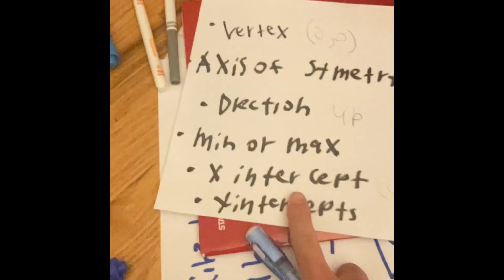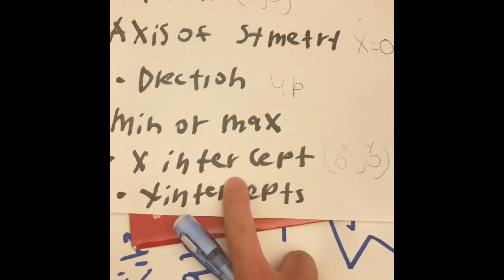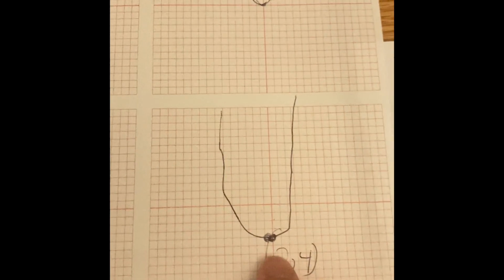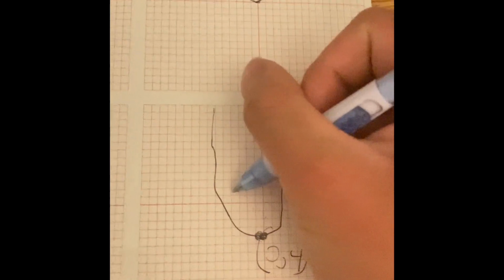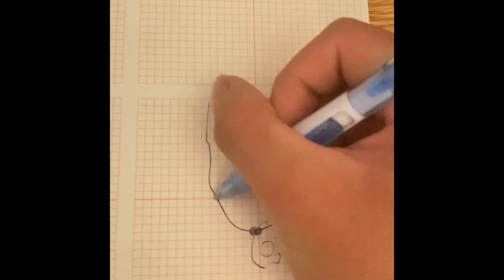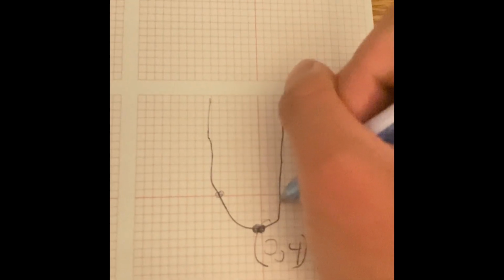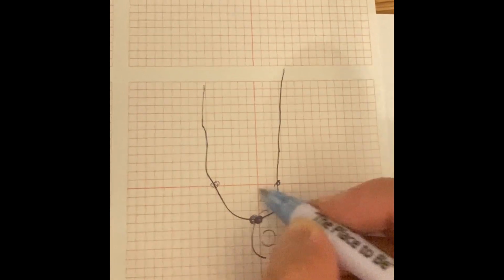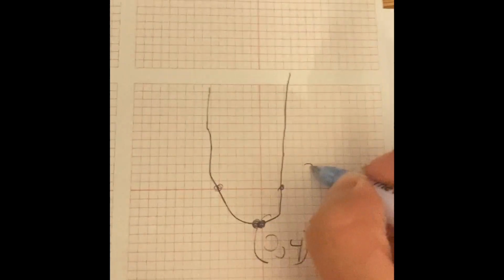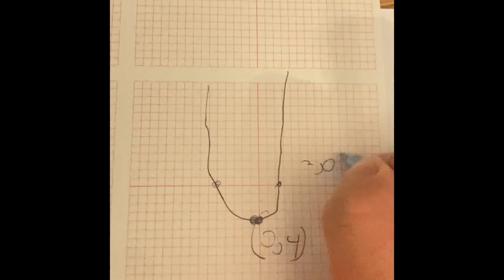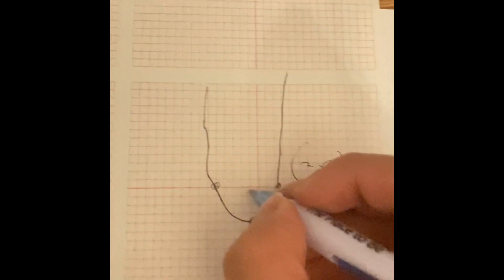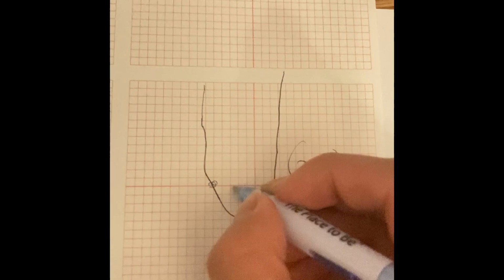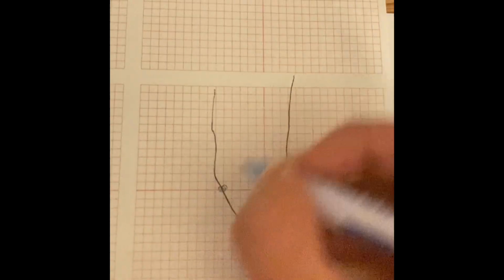But sometimes you can have two x-intercepts. The x-intercept is when a curve or a line strikes through the x-axis. But with a quadratic curve, you can have two of them. Here's one right there, and here's another right there. What we can do is we have 2, 0 as our right one, and we also have 1, 2, 3, 4, 5.